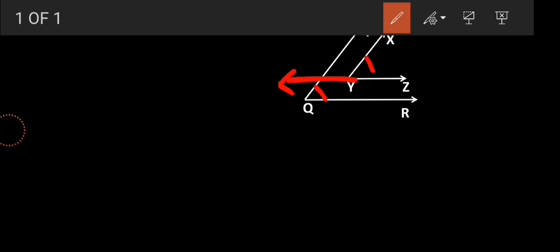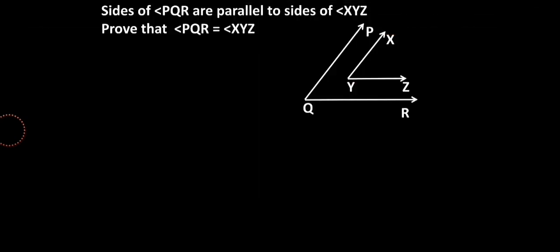So let's begin with it. For our convenience, we will not write 3-letter naming, we will give single letter naming by considering the small letter as an angle. Okay, so as the action plan is clear to us, let's move on. YZ is extended, which now becomes a transversal by intersecting PQ, right?